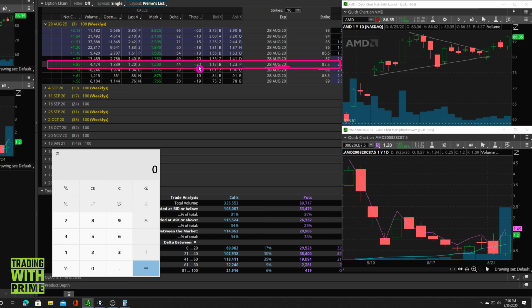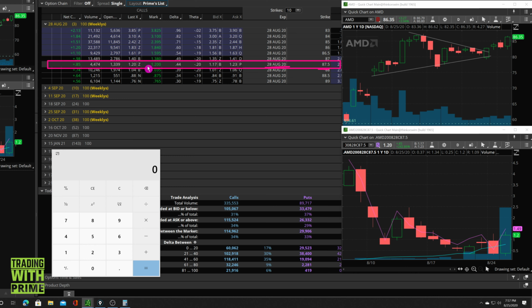You also have theta, which is negative 0.20, which also equals negative $20, since every option contract has 100 shares attached to it. So instead of 44 cents, I'm going to gain $44 for every underlying move in share price. If the share price moves from $86 to $87, I'm going to get $44 just for the delta.